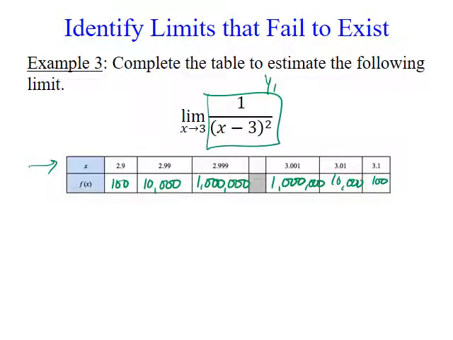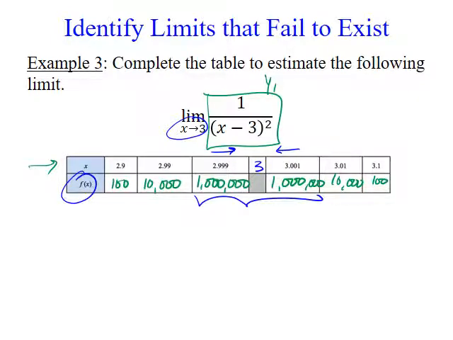Okay, now looking at this, we can see that as x approaches 3 from the left and from the right, we are getting to a very, very big number, 1,000,000 in fact. If you keep plugging in values closer and closer to 3, y is just going to be huge.